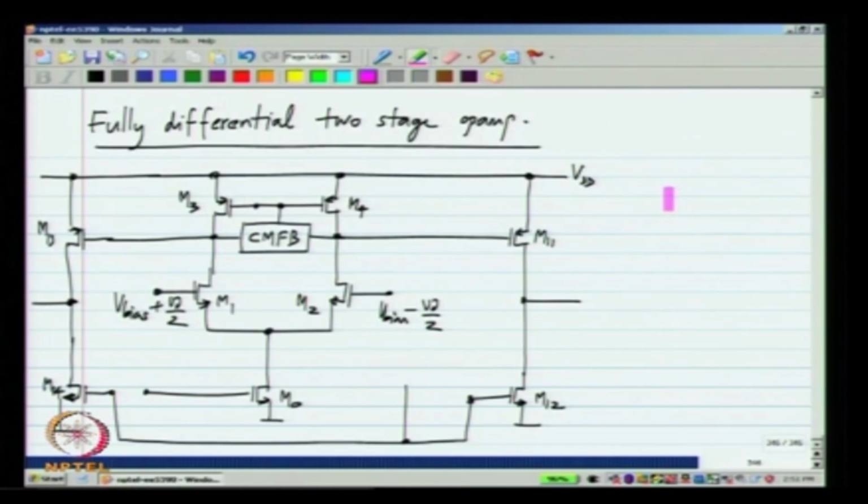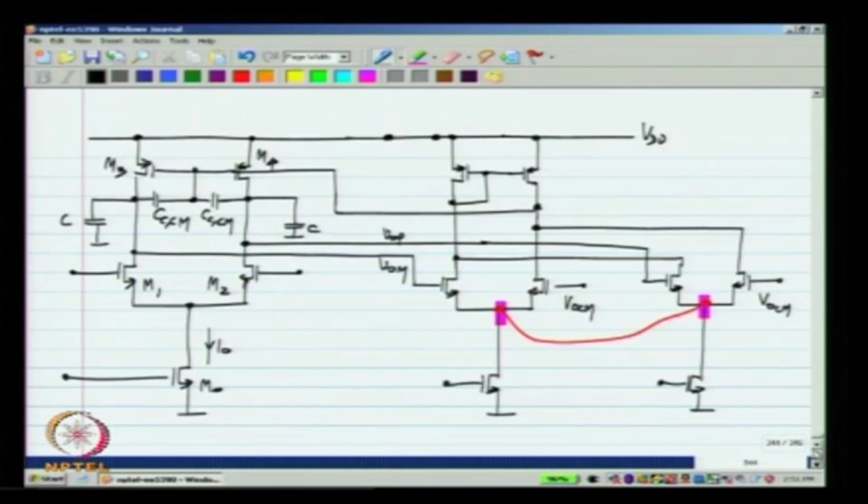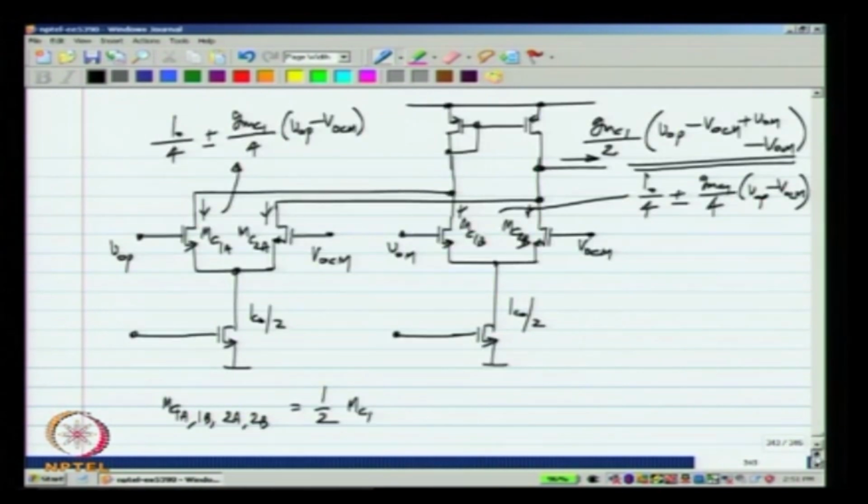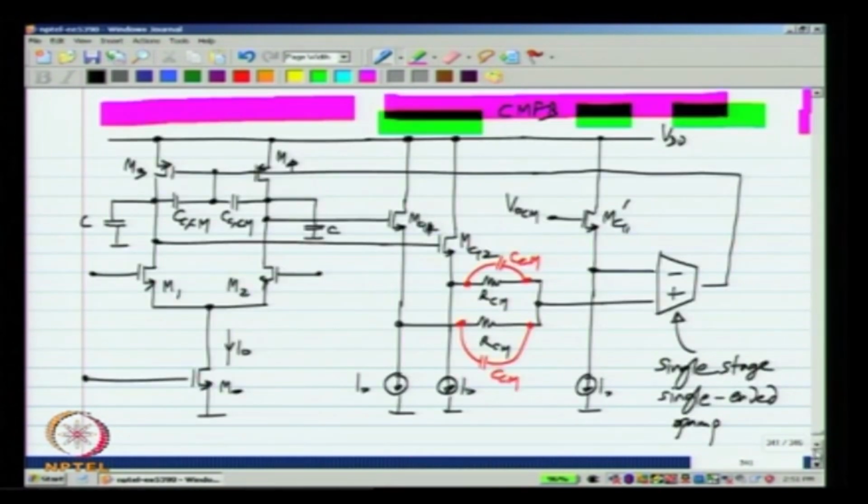Now, only thing to figure out is what the output common mode is stabilized to, that is the value of VOCM. Now, before, we had this particular circuit, in this case the output common mode voltage will be equal to VOCM.